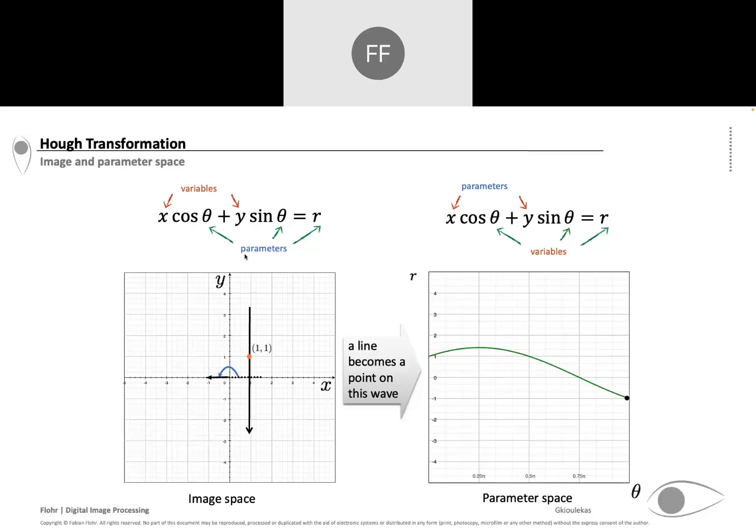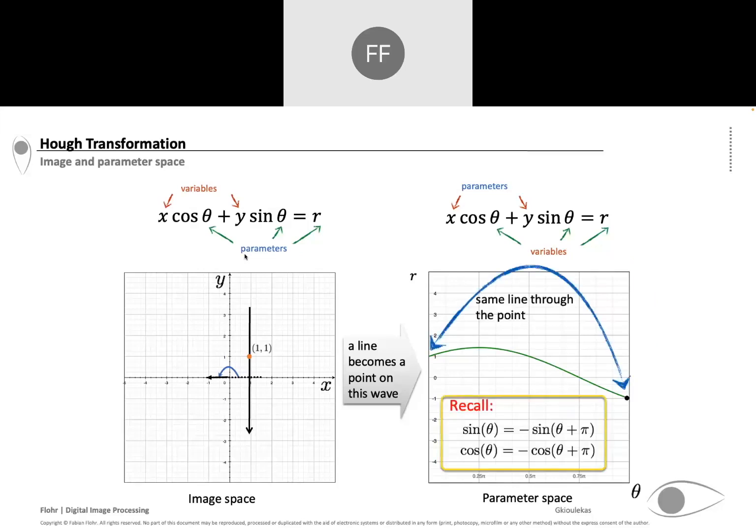Why am I ending here at π, and why is it getting negative? What do we have here at π? We have -1. Yeah.